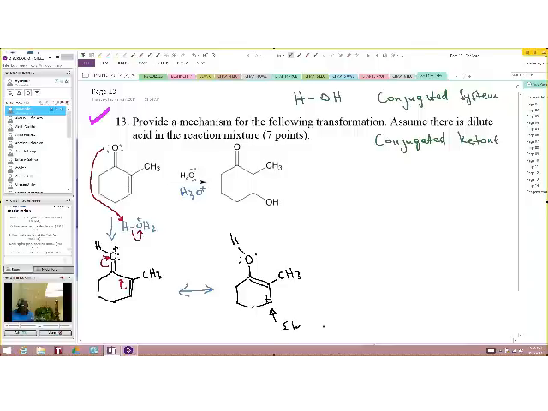Okay, at that point, now the water comes in, acting as a nucleophile. Using this pair of electrons here, it attacks this. Okay, attack that.